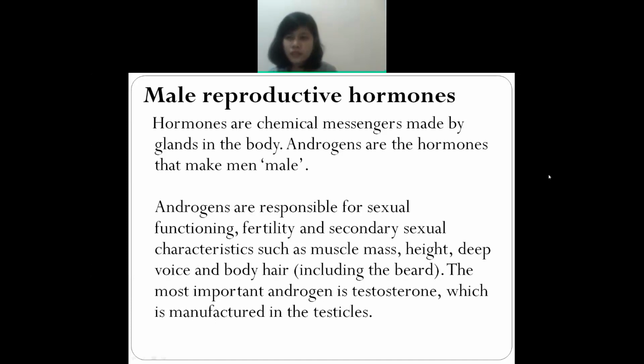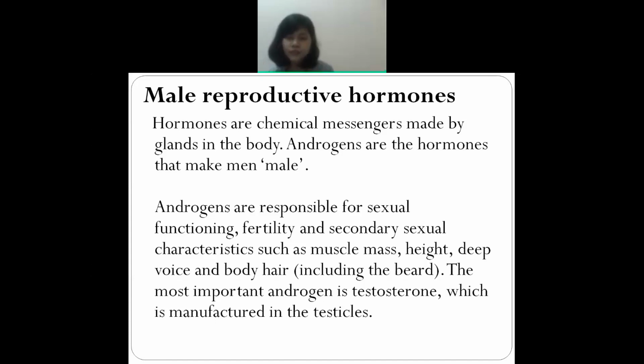Next is the male reproductive hormones. So in the male reproductive system, you can see that they release some hormones, the same as the female reproductive system. In the female reproductive system, what are the hormones that you got?